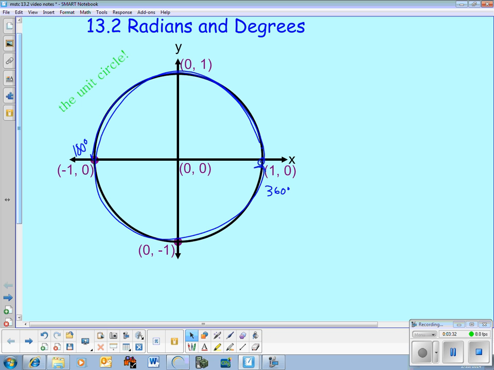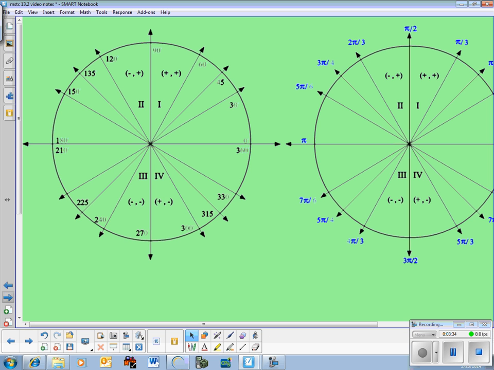On this next page, here are some common degree measurements. These are our unit circle places that you're going to get very familiar with over the next couple weeks. And you can see the full circle all the way around is 360, so it starts at 0 here at 1, 0, and it's also 360, that's all the way around.